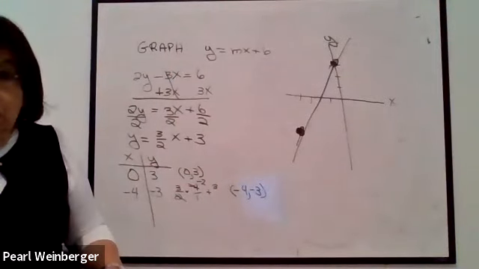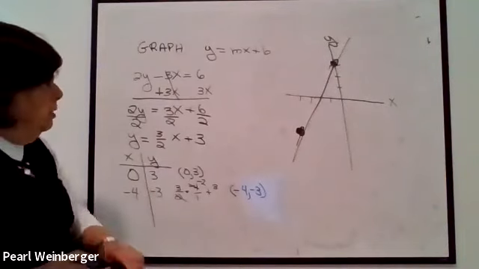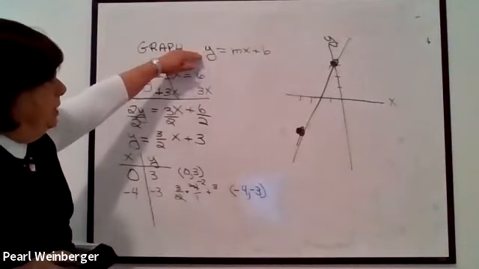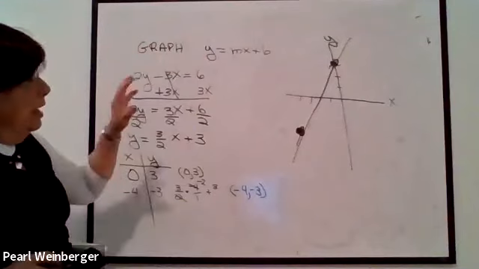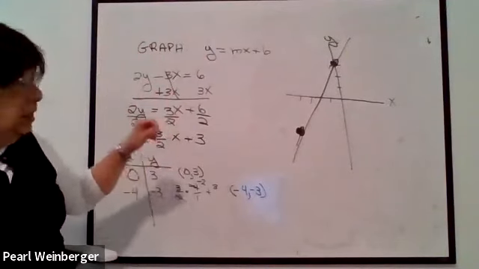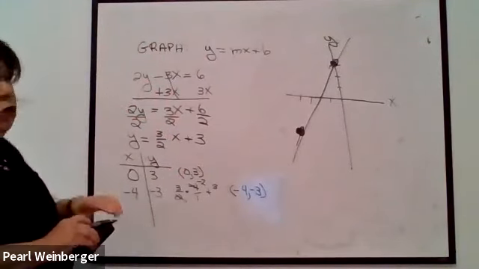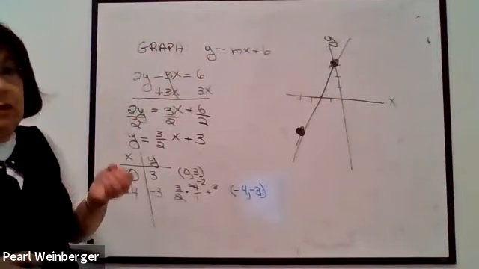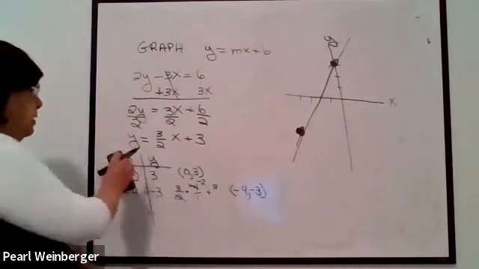The alternate method of doing this that I had showed you is something called using the slope-intercept method. So I'm going to erase this and show you how this would look if we use what we call the slope-intercept method.